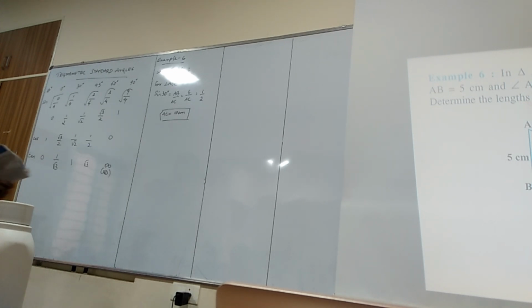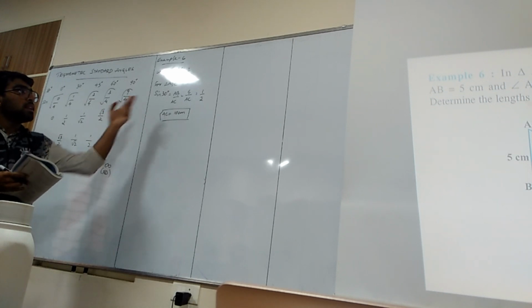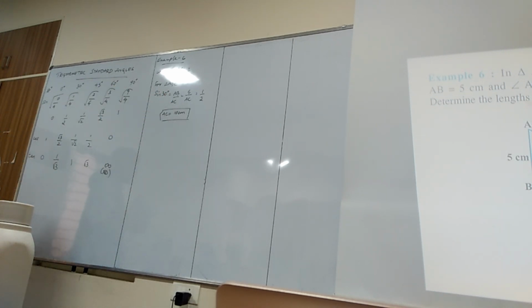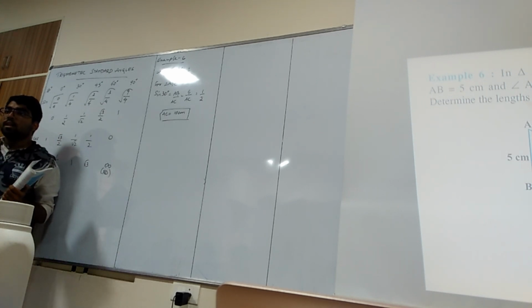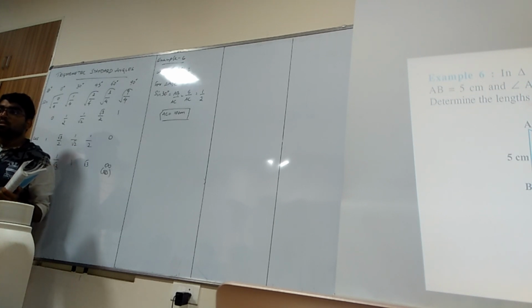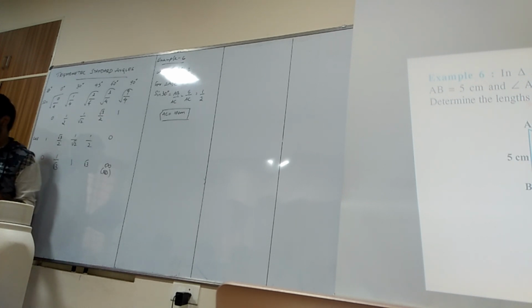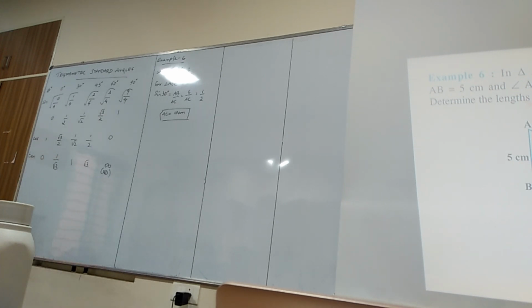Where did I take 2? Sin 30 degrees is 1 by 2. Yes, doubt? Still? Tell me now, I have a question. What about the question of today you are not telling me? Sir, you went faster.